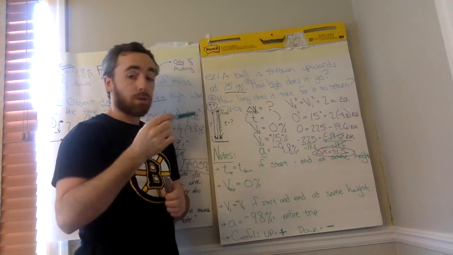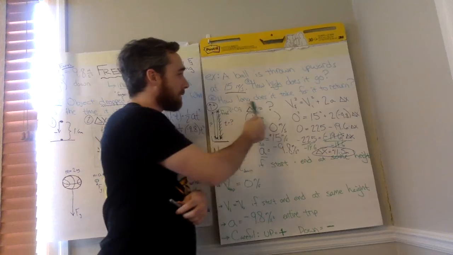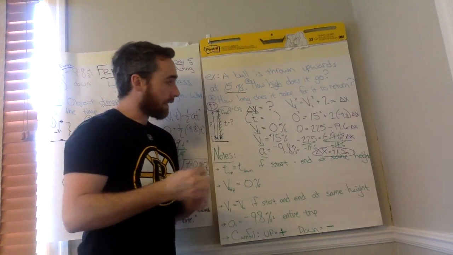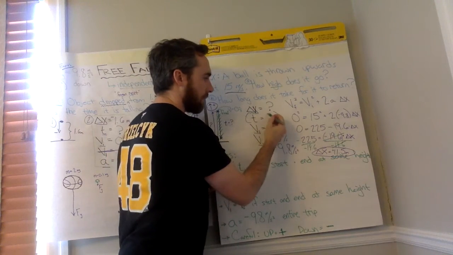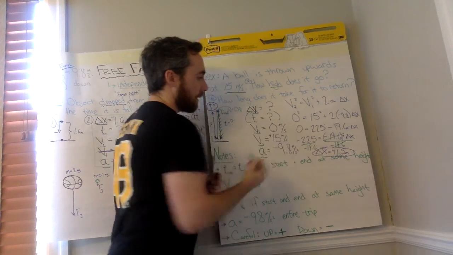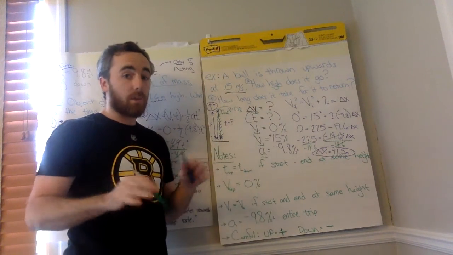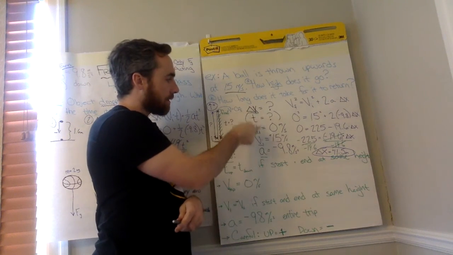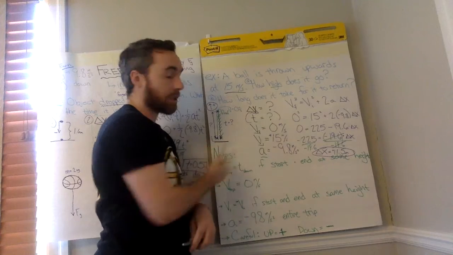All right. So if you wanted to try this next part too, part B, how long does it take for it to return? Then this would be our question mark, our time. And we can really pick any equation with time, initial velocity, acceleration, final velocity, or change in x.